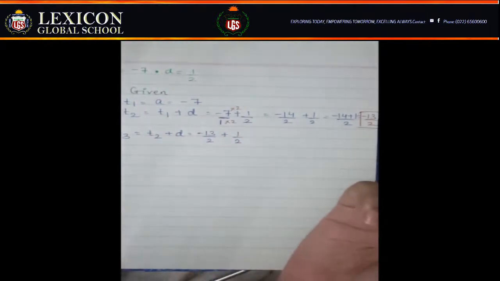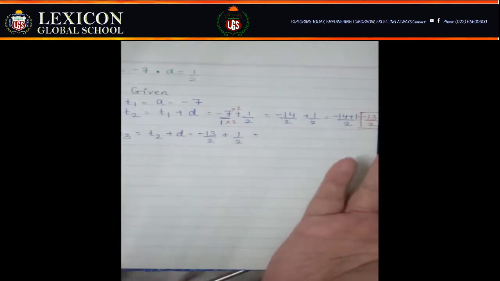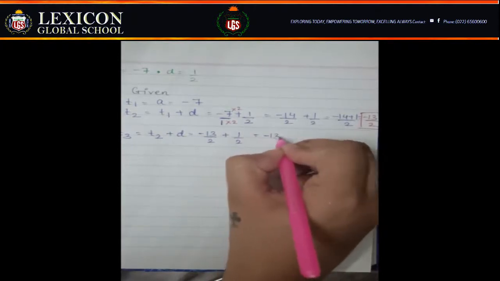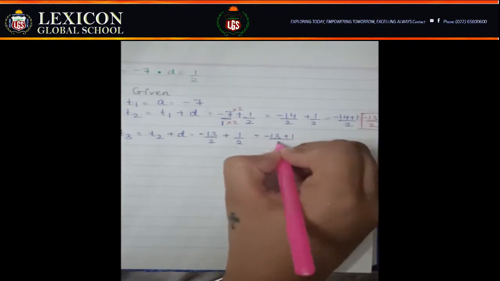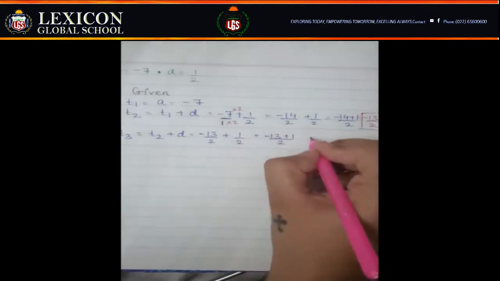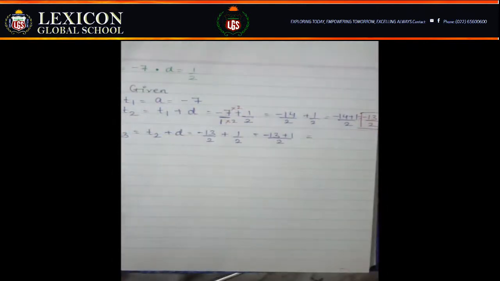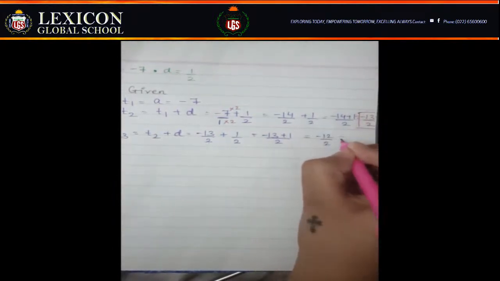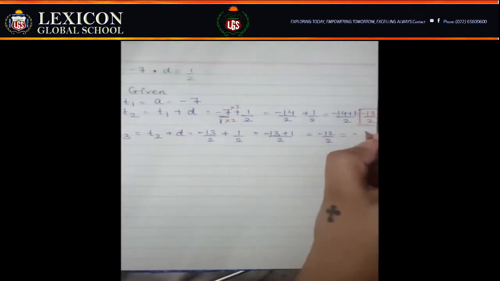Already you have an LCM, so you have a denominator, so you don't need to take the LCM. So straight away you are going to add the numerators. Minus 13 plus 1, common denominator 2. Minus 13 plus 1 will give me minus 12. So minus 12 upon 2, the answer which you get is minus 6. This would be your third term.